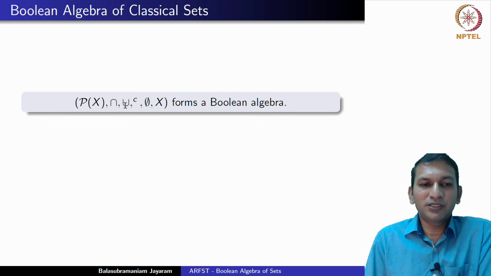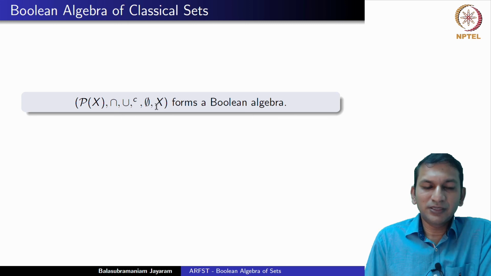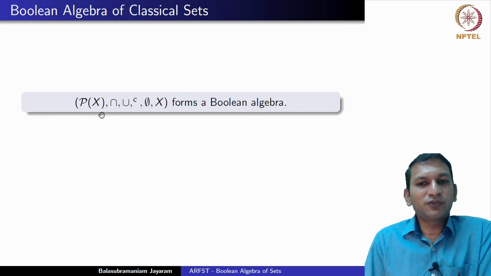So is the union operation. And we do have a complementation operation with respect to which A intersection A complement is phi and A union A complement is X. That means this is a complemented lattice. Note that phi and X are the bounds with respect to the usual subsethood order, which is what we will get if we use the intersection union. Thus, the set of all subsets of X forms a Boolean algebra.